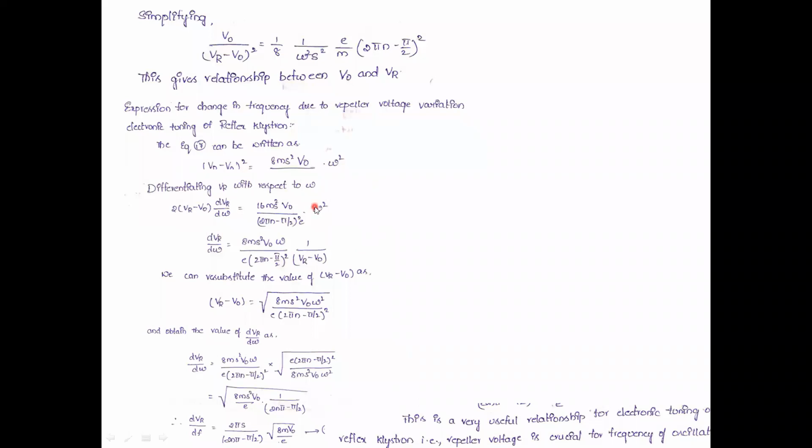In the previous case we have VR minus V naught equal to 8 m s square V naught omega square by e into (2 pi n minus pi by 2) whole square. So from this take VR minus V naught, because here it is VR minus V naught. So take dVR by dV naught. This term has no change. So for this term, 1 by (VR minus V naught), square root of e into (2 pi n minus pi by 2) whole square, 8 m s square V naught omega square.